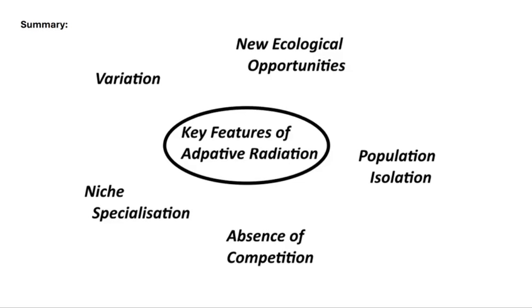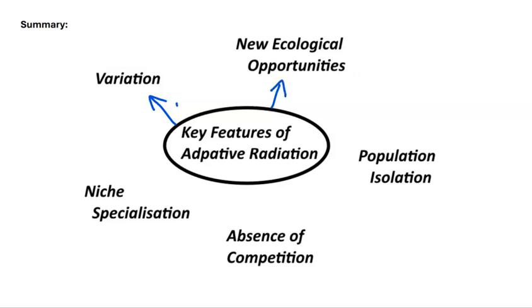So let's just look at a summary of this adaptive radiation process. Remember, in our founder population, we already have genetic variation, and that genetic variation creates the raw material to address the new ecological opportunities.